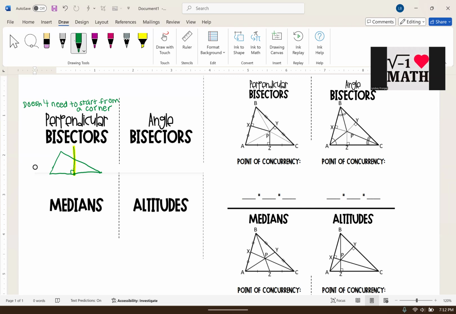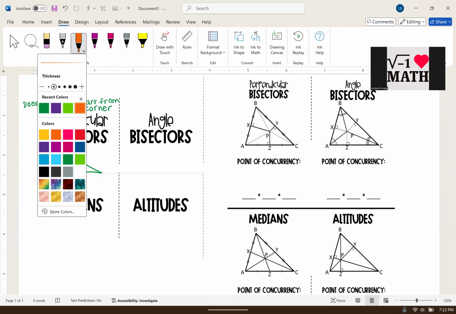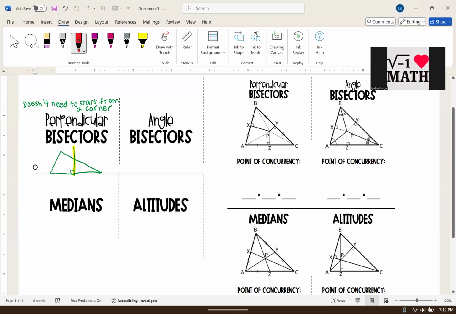Let's head over to angle bisector, which we also talked about. We'll do red. Let's draw a triangle. An angle bisector, we know, cuts an angle in half. I'm going to focus on the bottom left over here. We'll say this is our angle bisector because those two angles are congruent.